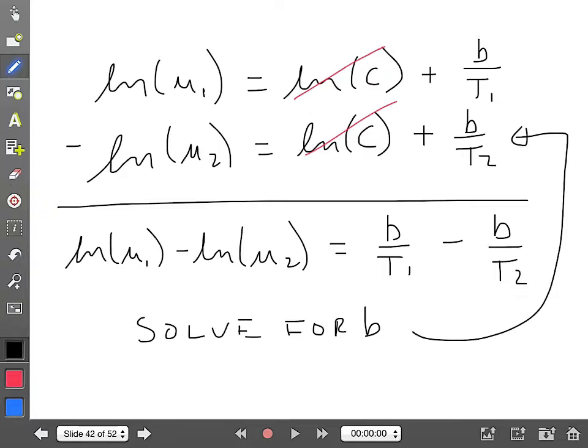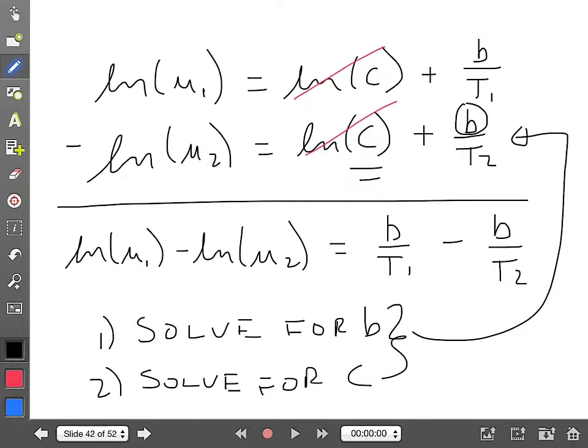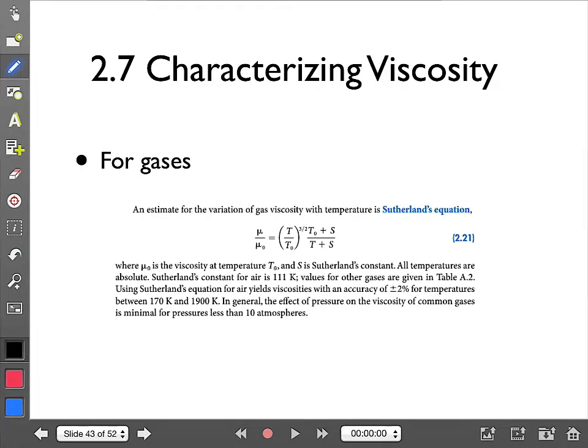Substitute B back in, and then solve for C. So we have a way of getting these constants, and once we have both B and C, we can determine the viscosity at any temperature by this equation again, by knowing what temperature we want and then solving for the viscosity. Okay, so that's how we might deal with viscosity effects.